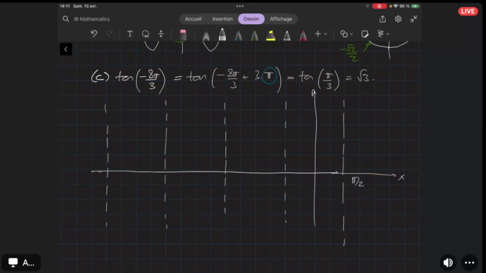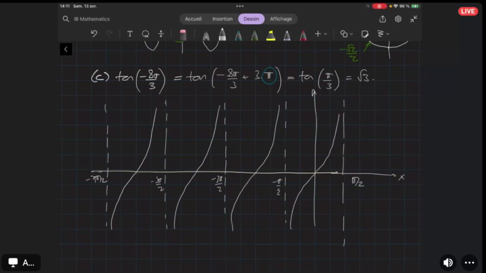So pi over 2, negative pi over 2, negative 3 pi over 2, negative 5 pi over 2, negative 7 pi over 2. Negative 8 pi over 3, where is it? Somewhere. Wait, 8 over 3, that's 2 and 2/3. That should be somewhere over there.